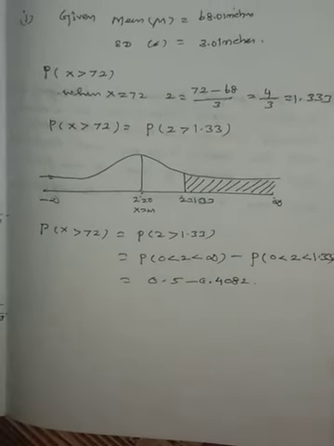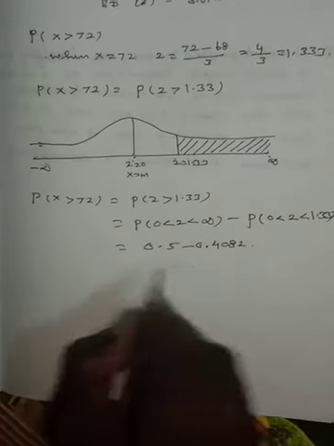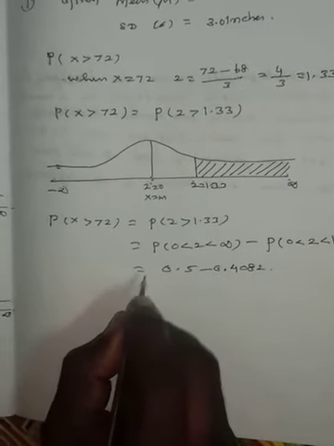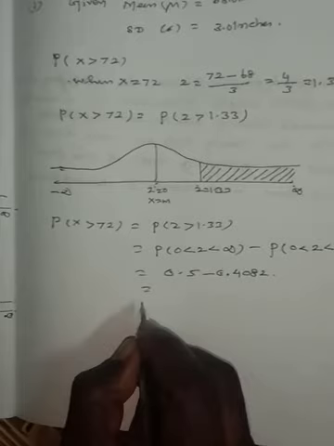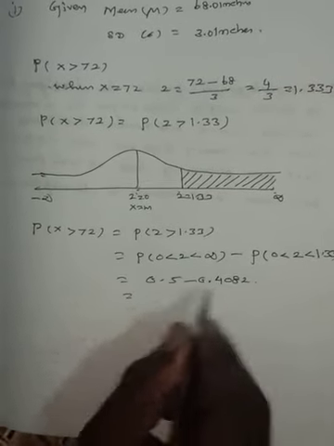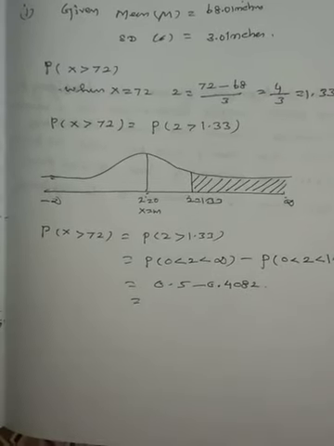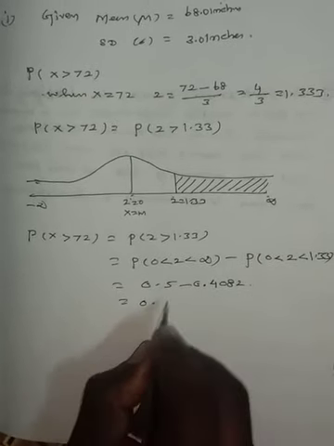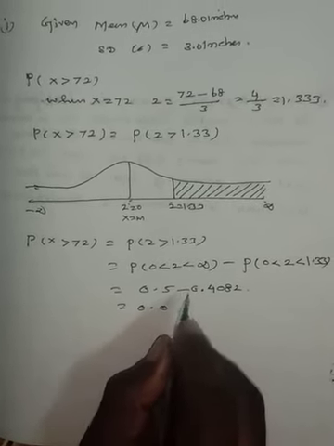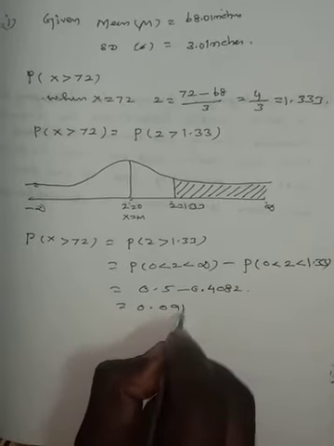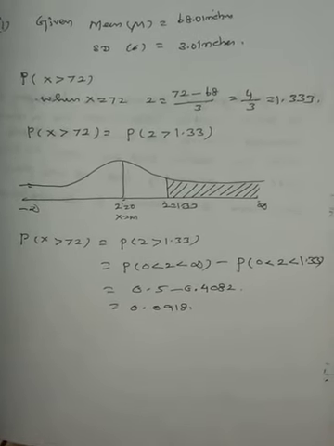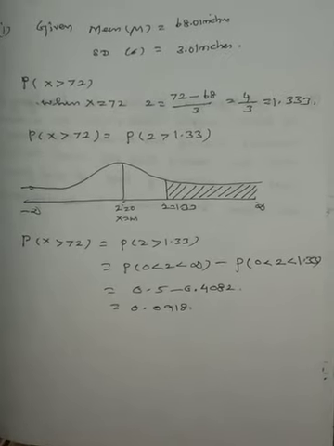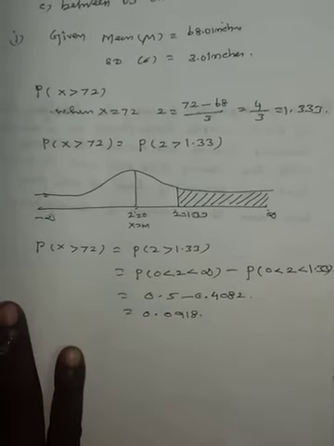This means it is equal to 0.0918. The question asks for a height greater than 72 inches.